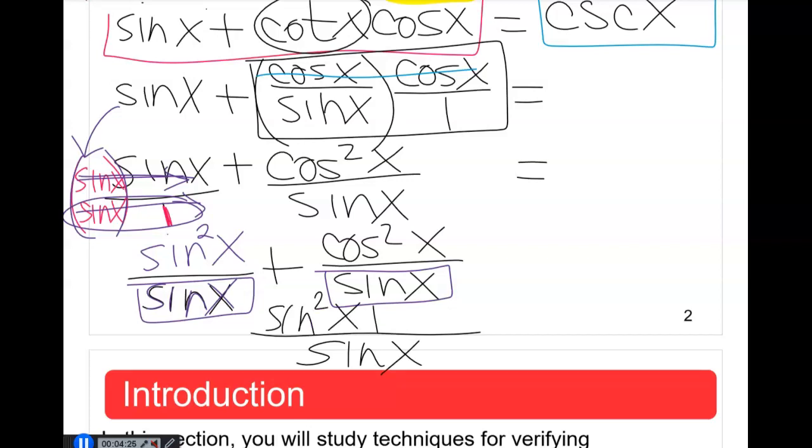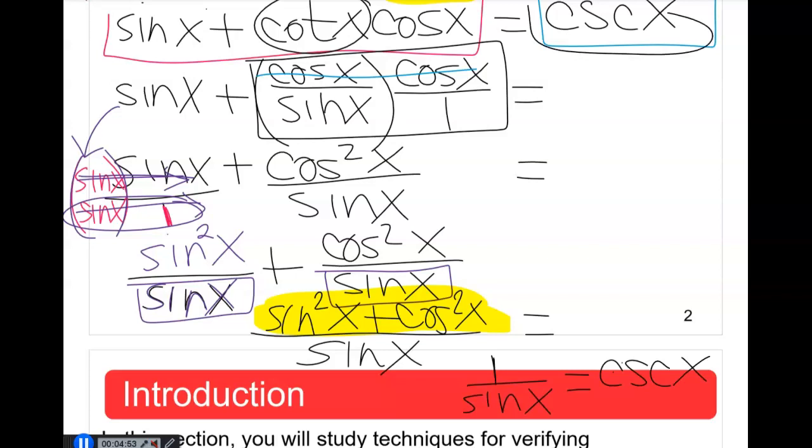We have sine squared x plus cosine squared x. And so by the Pythagorean identity, we know that this is equal to 1. So we have 1 over sine x. And by the reciprocal identity, we know that 1 over sine x is equal to cosecant x.